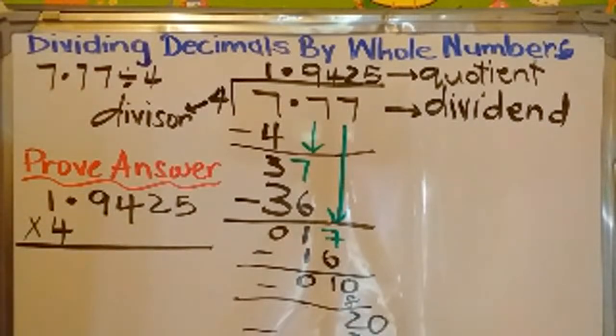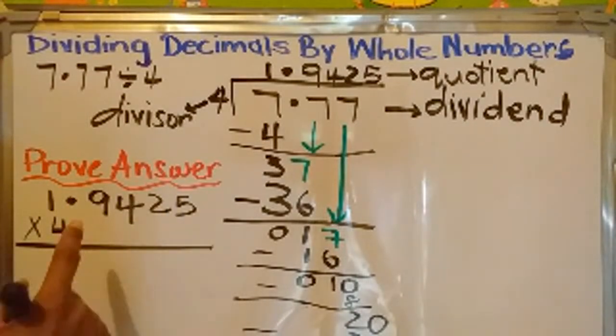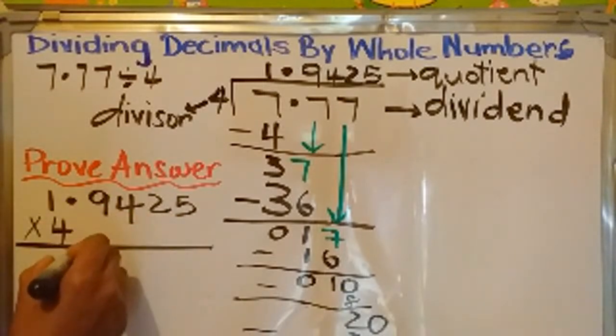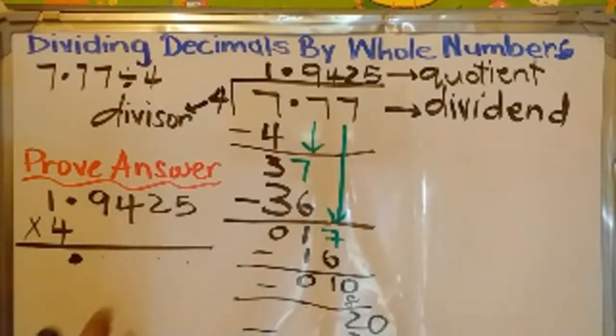So we're going to do the first thing, which is to put our decimal place down. But before we do that, we need to check to see how many digits are after our decimal place. And that is 1, 2, 3, 4. So I'm going to line up my decimal place right here. And I'm going to put 1, 2, 3, 4 dots so that when we put our digits, they can all line up in columns and rows.